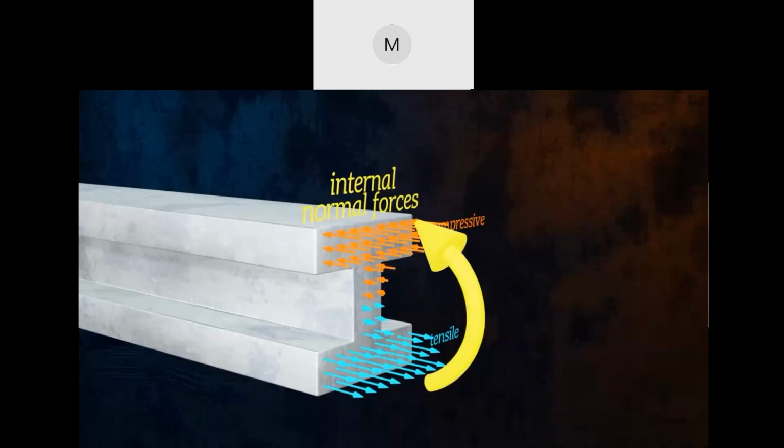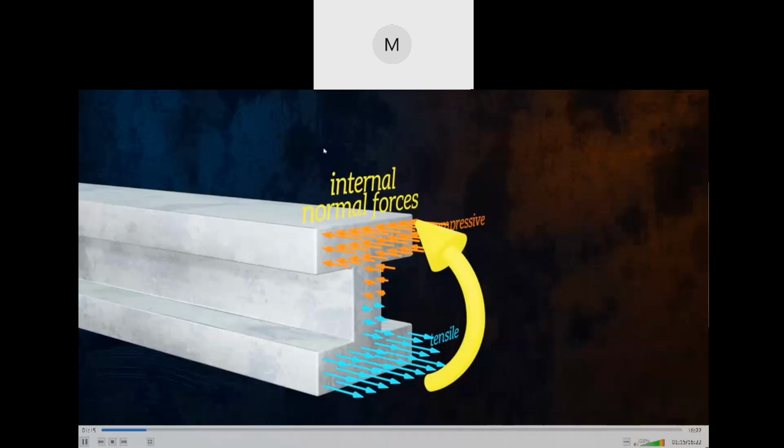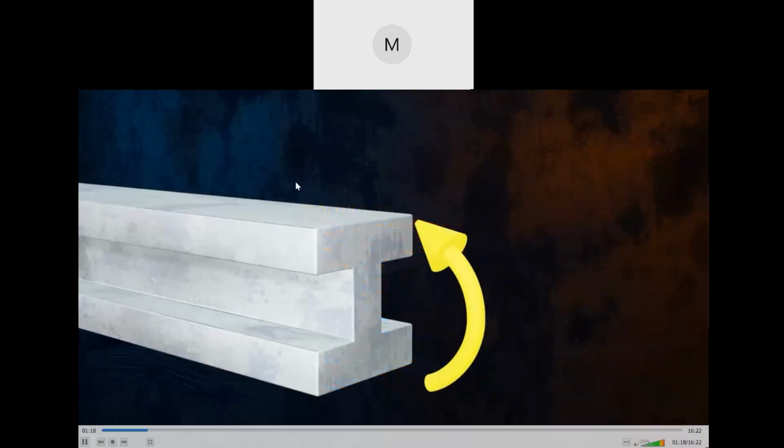This means we can conveniently represent the internal forces acting on the beam cross-section using just two resultants.